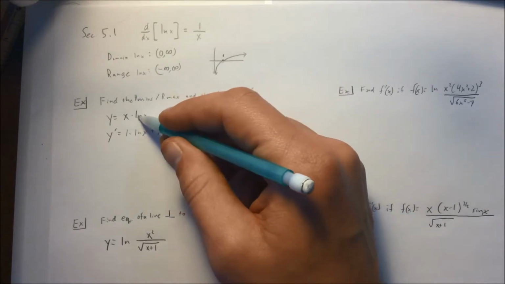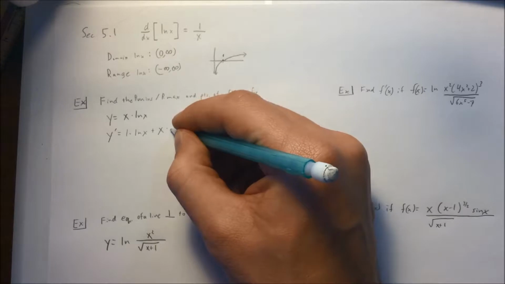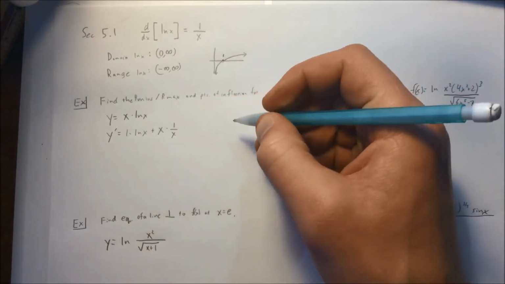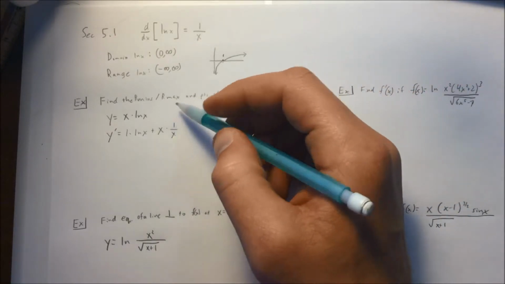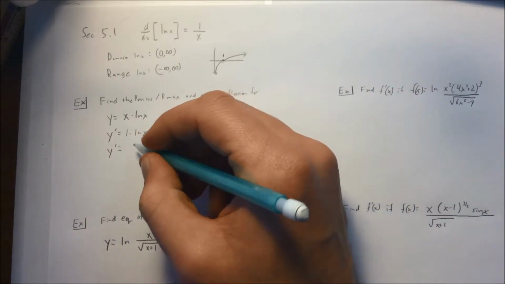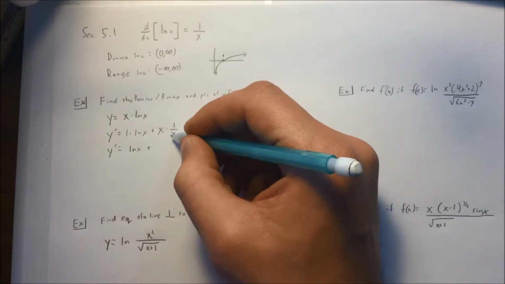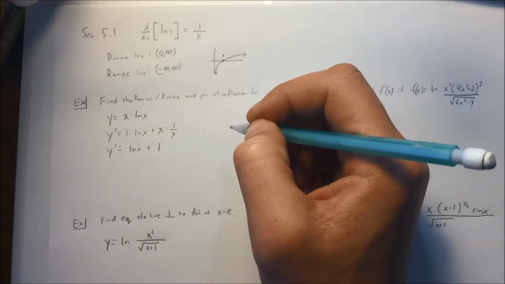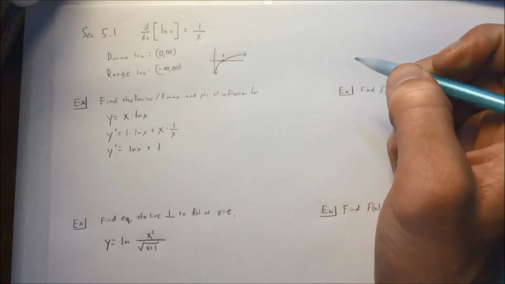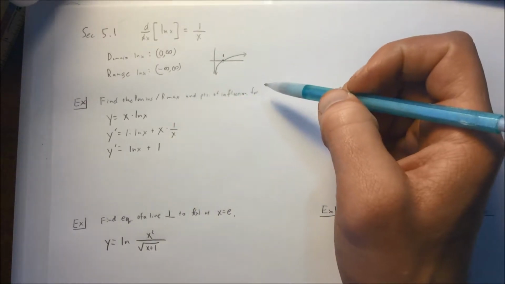Derivative of the second here, natural log of x, we know is 1 over x. So when I derive this, I'm going to get the natural log of x plus x times 1 over x, which is just 1. That's pretty simple.